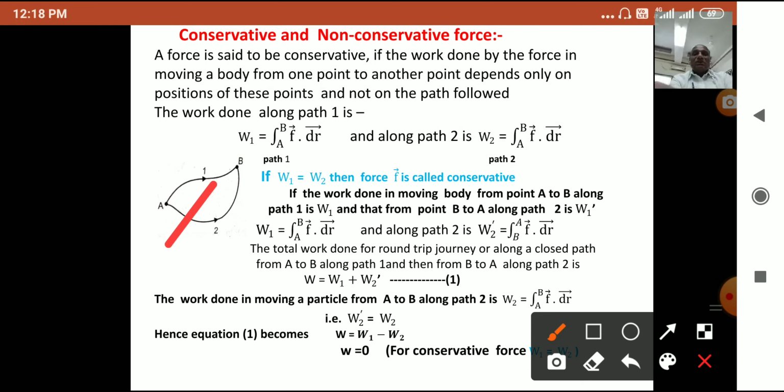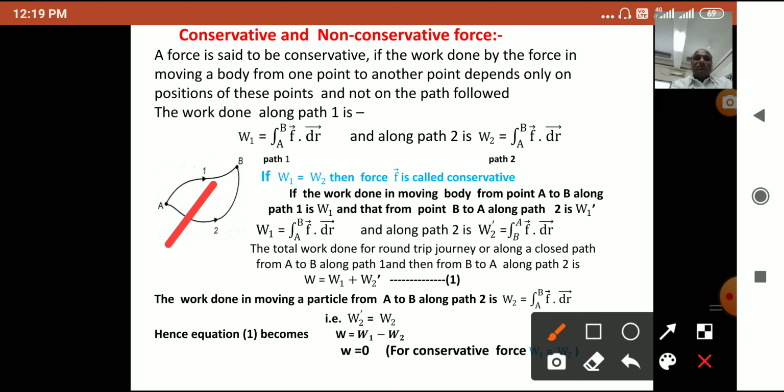So W1 will be the integral from A to B of F dot dr, and along path second, the W2 dash is equal to the integral from B to A of F dot dr. The total work done around a trip of journey along a closed path, from point A to B along path 1 and then from B to A along path second, will be W, which is equal to W1 plus W2 dash. This is equation number 1.